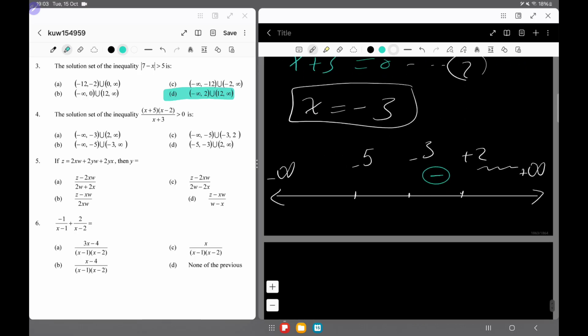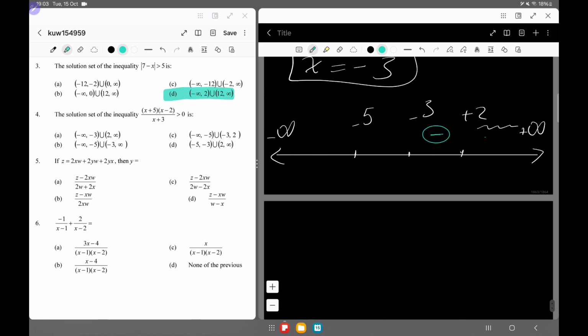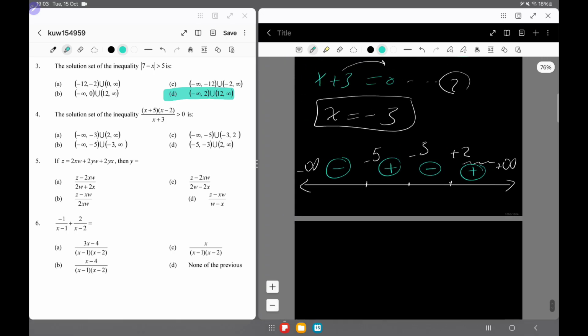It's positive, okay? It is a positive solution. As well, in this one you will get positive, negative. If you choose a number between this and this, for example negative 4, you will get a positive solution. If you take a number like negative 8 in this one, you will get a negative solution.